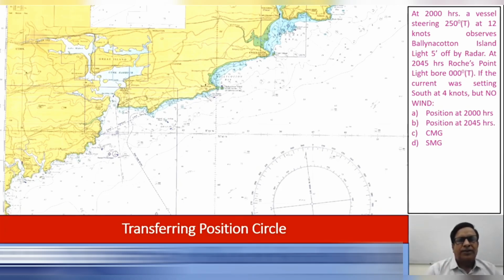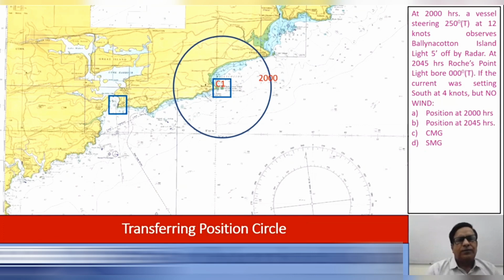So we first draw the first position circle, both landmarks identified, with C1 as center and 5 miles as radius, and we get the 2000 hour position circle. Now we have to run up C1 by 45 minutes, with the ship's propulsion displacement, and current has to be allowed for.